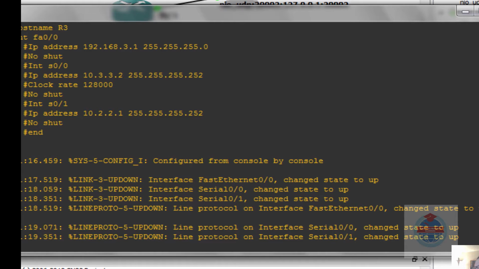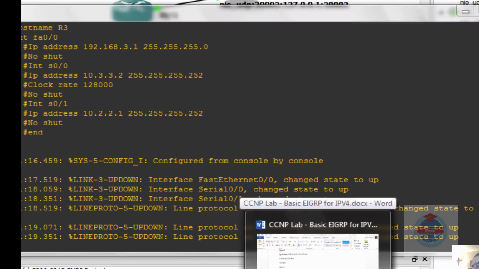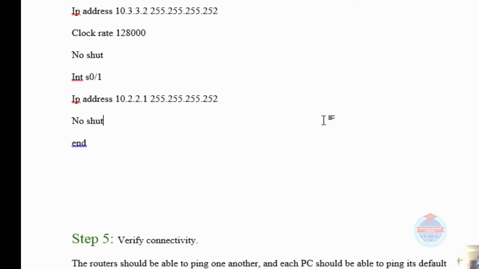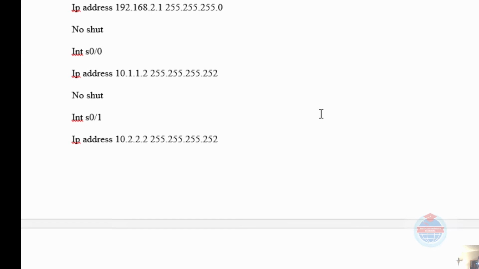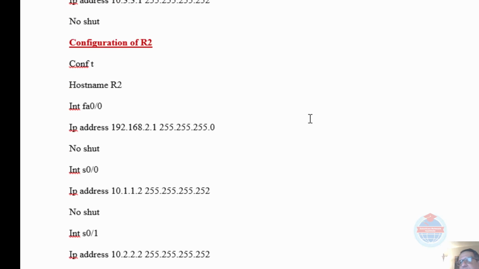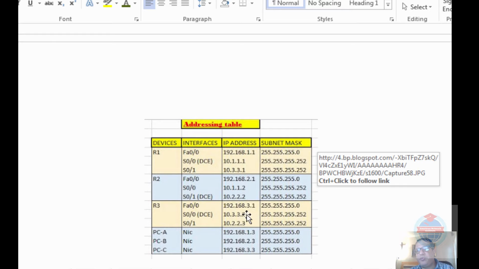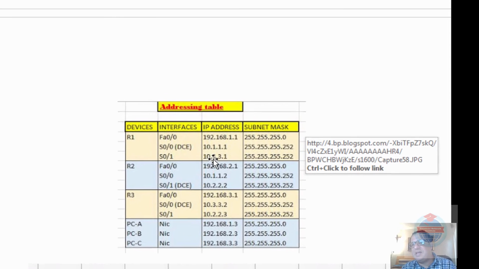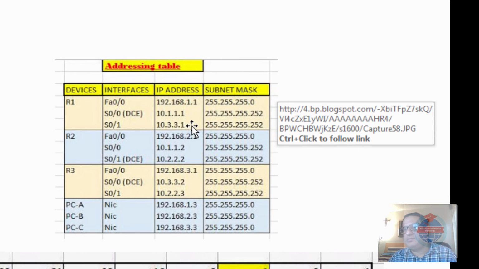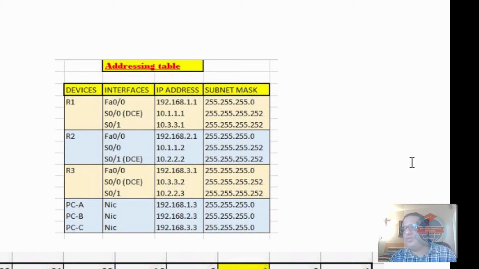Now that we are over here in R3, let's do a small exercise. Why don't we try from R3 to get to this value, for R3 to get to 10.3.3.1 and 10.2.2.2. You see, from R1 and R2, those are the places where we are going to.